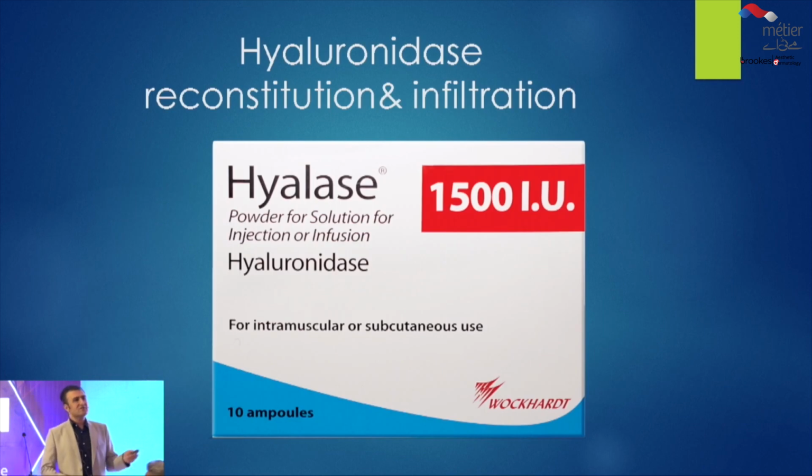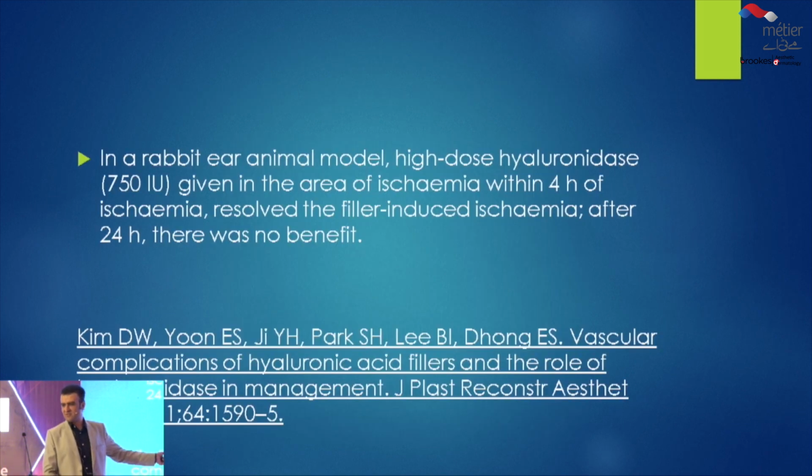So the dosage, it comes in a vial of 1500 international units. You just prepare it in 10 ml of normal saline. So 1 ml contains 150 international units. And then you have to just infiltrate this area, surrounding area, as well as the vessels.